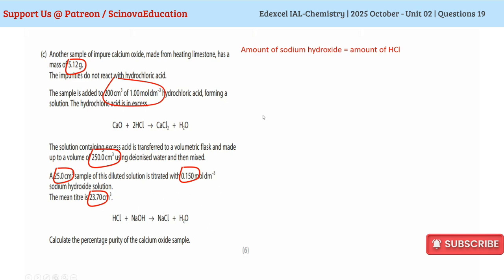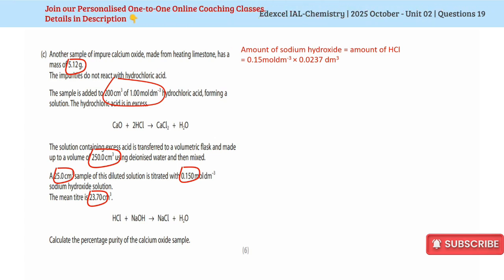The stoichiometry between sodium hydroxide and HCl is 1 to 1. Therefore, we can calculate that using this piece of data from the last paragraph, 0.15 M sodium hydroxide and the titre is 23.7. I have straight away applied the values in cubic decimeters, so the units cancel off, and practicing that way will be more convenient.